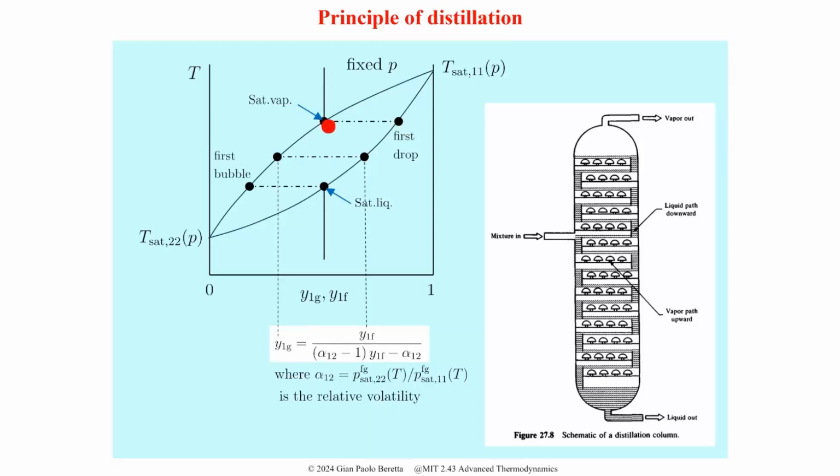So this saturated vapor, if I still heat it up, will go up. Okay, so the idea is this: if I start with a composition like 50-50 and I want to separate, what I could do is go up to an intermediate temperature between the saturation liquid temperature and the saturation vapor temperature.